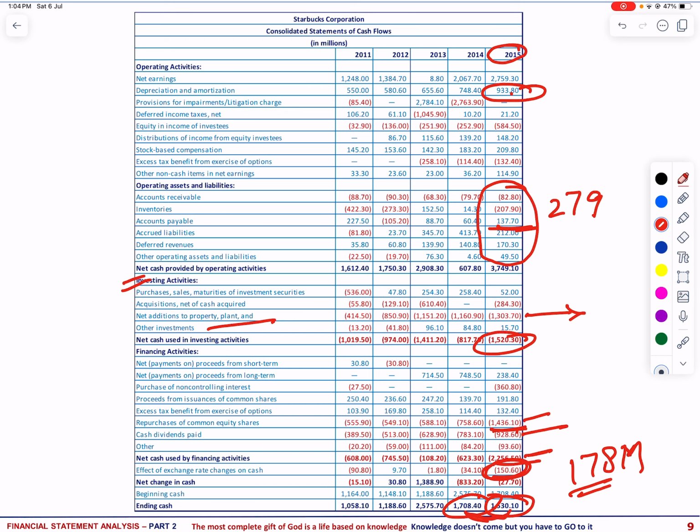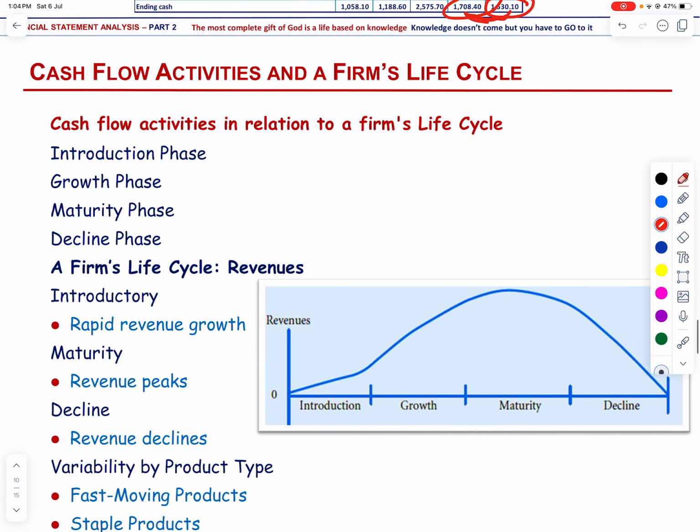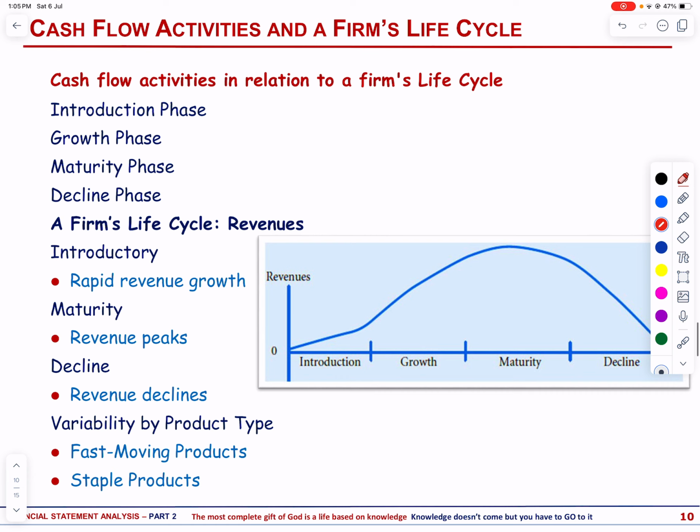Next, let us talk about cash flow activities and a firm's life cycle. Now, understanding cash flow activities in relation to a firm's life cycle mirrors the stages of a product life cycle: introduction, growth, maturity, and decline.